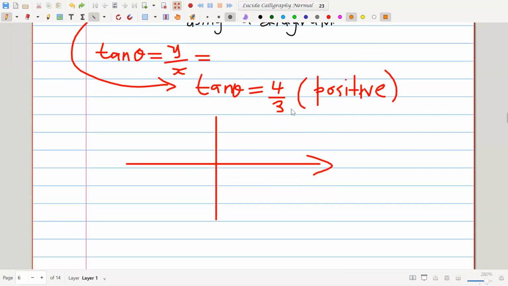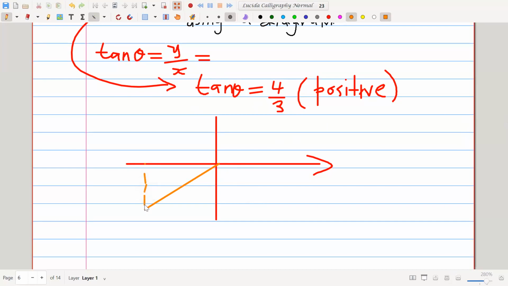You get a positive value here. It means we cannot locate our theta in the fourth quadrant, simply because tan there is always negative. So tan will be positive in the third quadrant. So if we draw this line like this, we construct a right angled triangle.